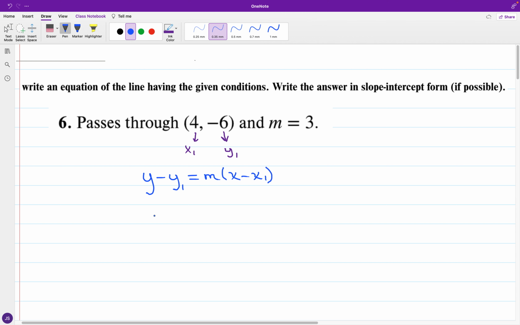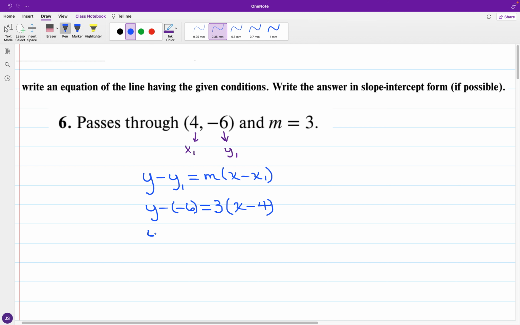So we have y minus y of 1. In this case, we have y minus -6, and that is equal to the slope m, which we have again given at 3, times the quantity of x minus x of 1, where x of 1 is at 4.